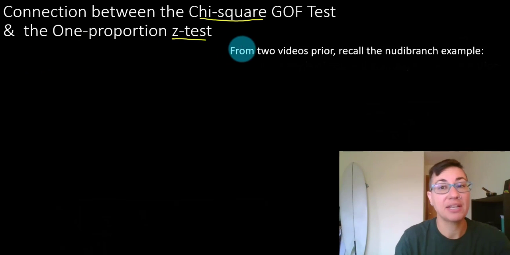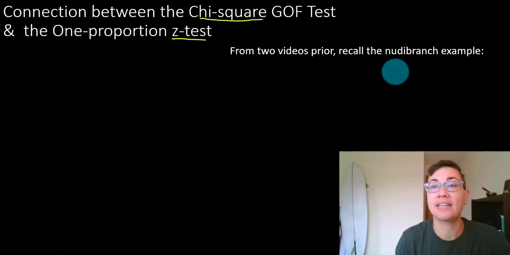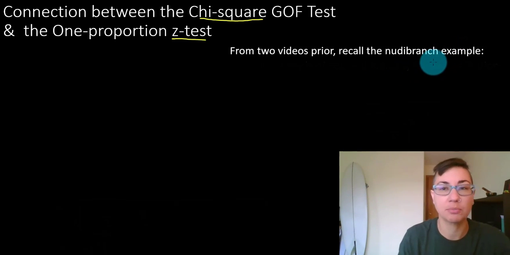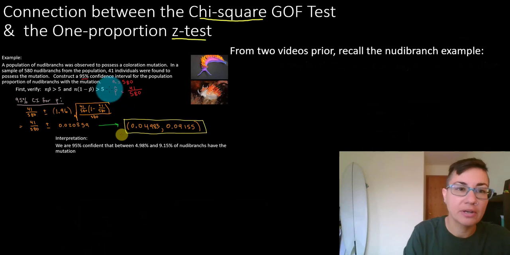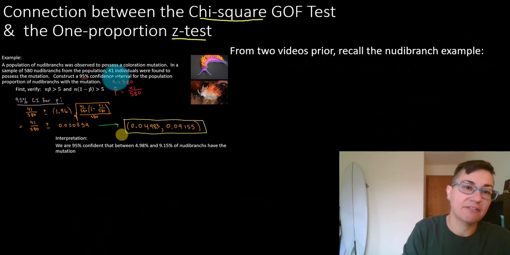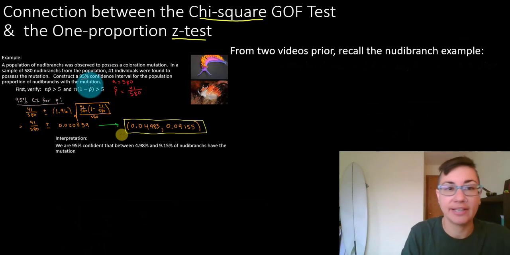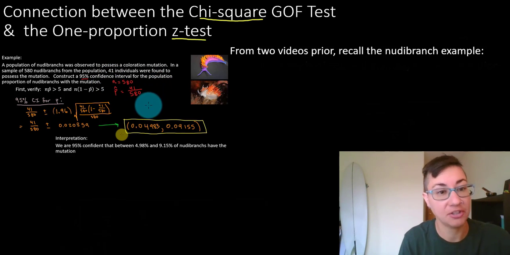To make this connection, I want to utilize a previously completed example from two videos prior. This was the nudibranch example, in which there was a sample of 580 nudibranchs and 41 of them had a mutation, and then we created a confidence interval for the population proportion that possessed the mutation.